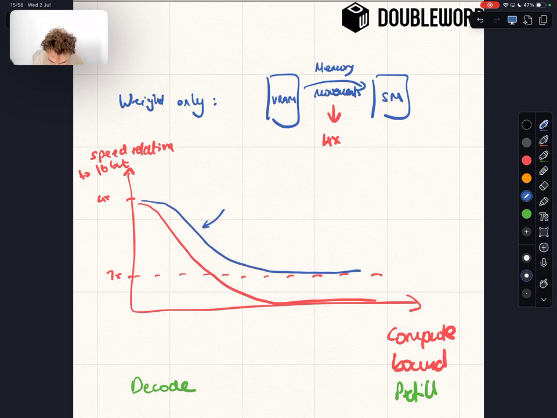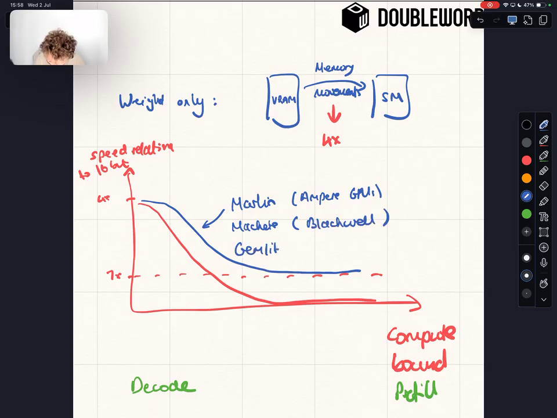So this is things like the Marlin kernels, which work for Ampere GPUs, the Machete kernels, which work for Hopper, and GemmLite, which are written in Triton, so they can work on quite a few different GPU devices and AMD devices and things like that. And these look more like this.